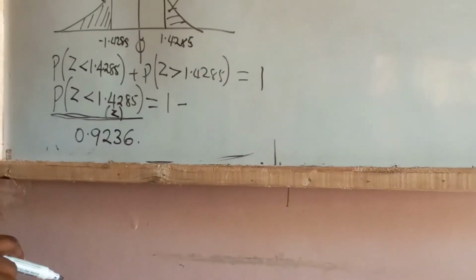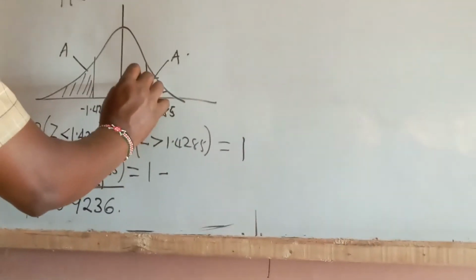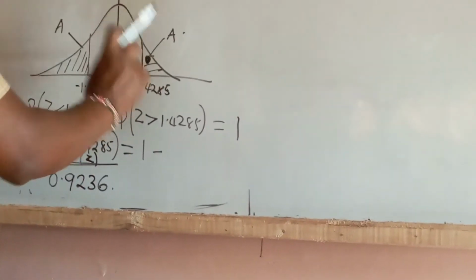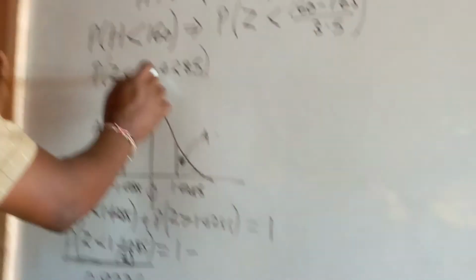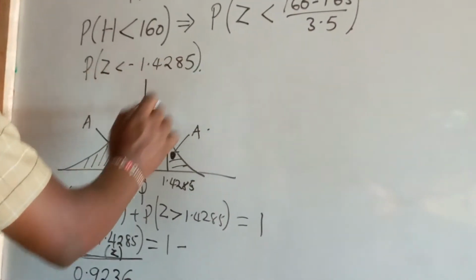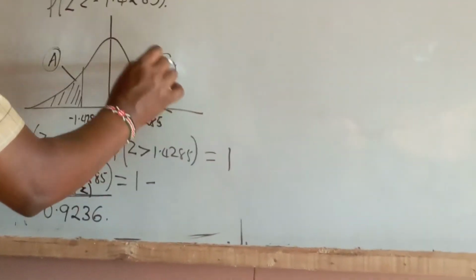Having found that, we ask what this area is, because our question is about the probability of Z less than negative 1.4285, and we said that area is equal to that area.